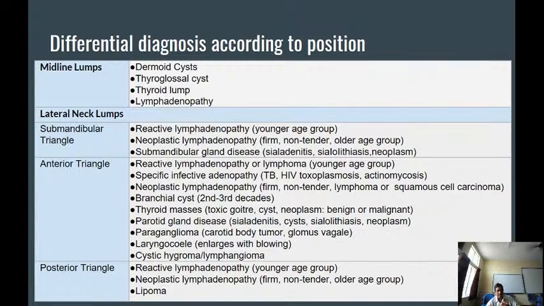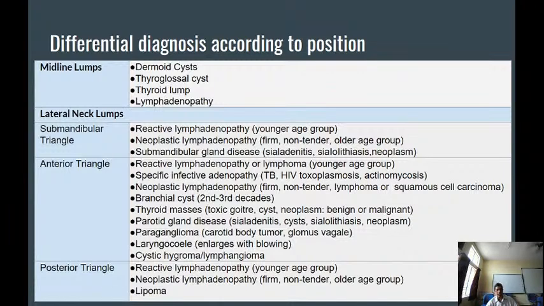Thyroid masses, midline and lateral. The parotid gland, which is laterally situated. The paragangliomas, which are the carotid body tumors, glomus vagale, and these tumors which are laterally situated. And then the laryngocele, cystic hygromas, lymphangioma. These are the various abnormalities or masses which may be present in the anterior triangle.